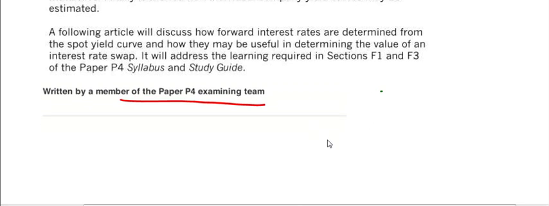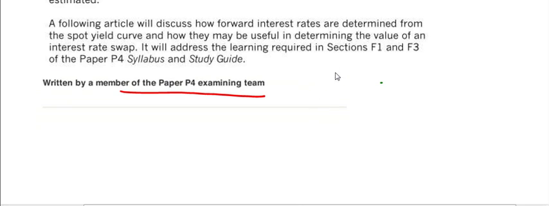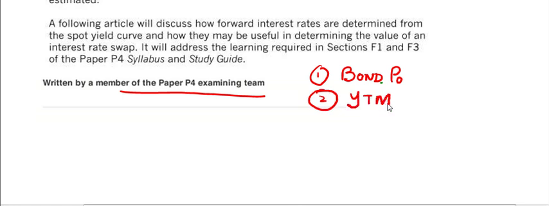Now, first example, we learned how to find the bond price using one yield curve. Second one, we found the yield to maturity. The third one, we also learned how to find the bond price using the individual yield curve.